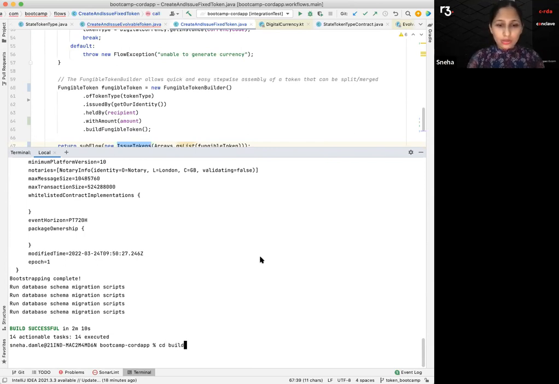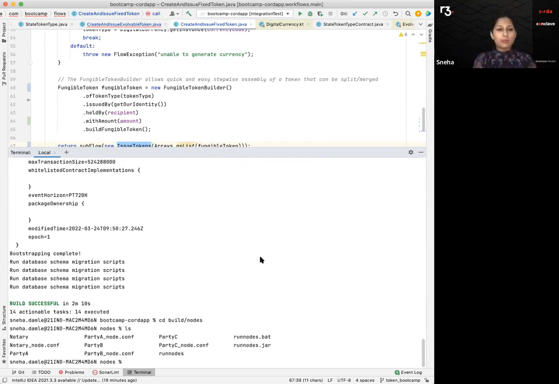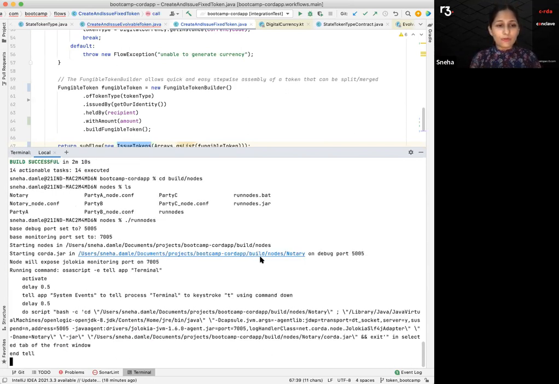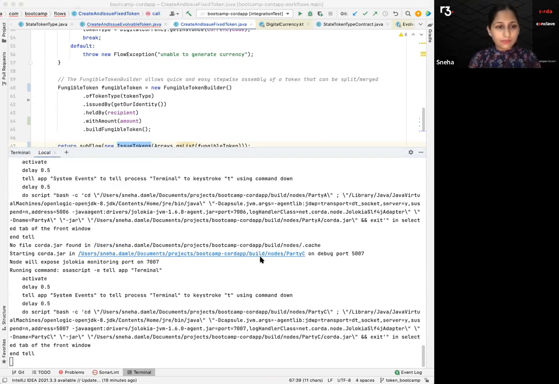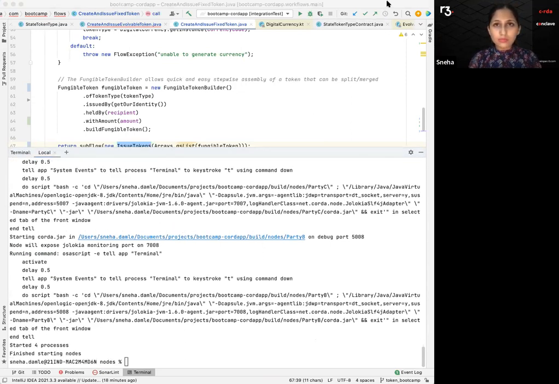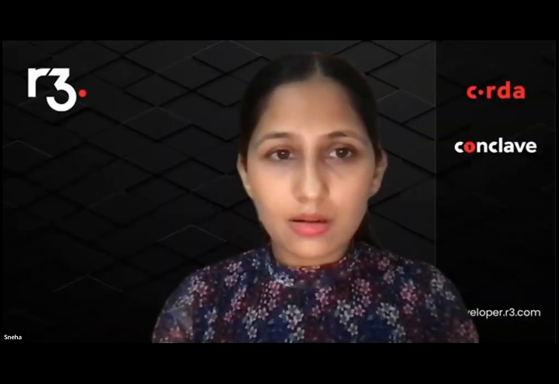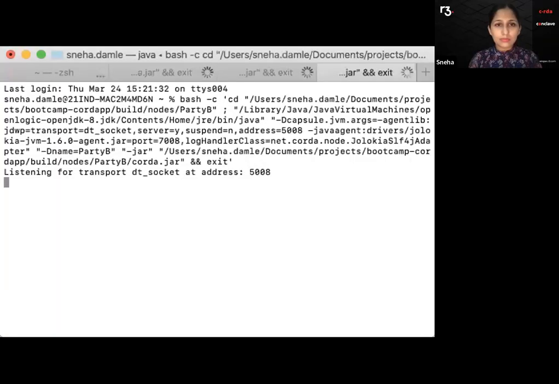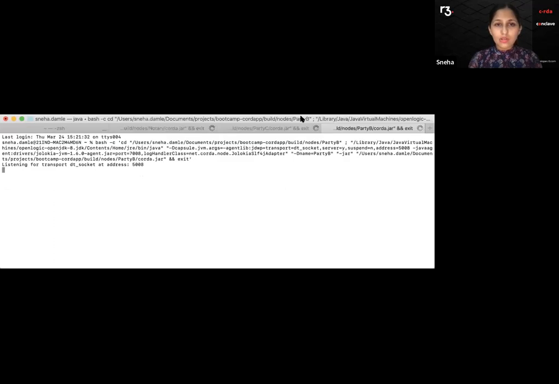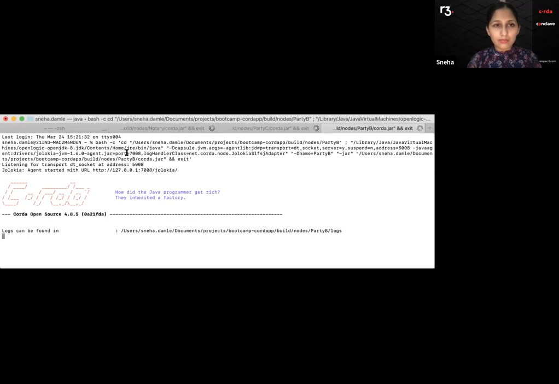And now let's go to the deployed network in the nodes folder. So these are our nodes which are deployed in the network. And now let's fire the run node command, which will start off the nodes in the terminal. So this is my terminal. Notary starting, party C is starting, and party B is starting.